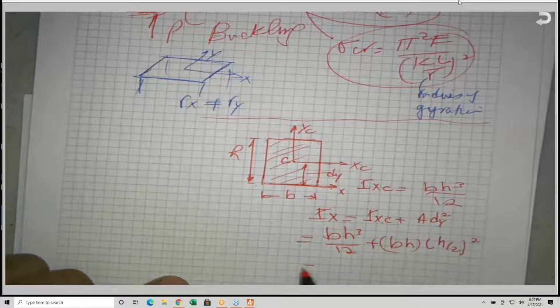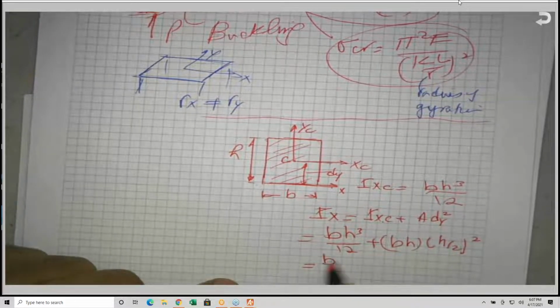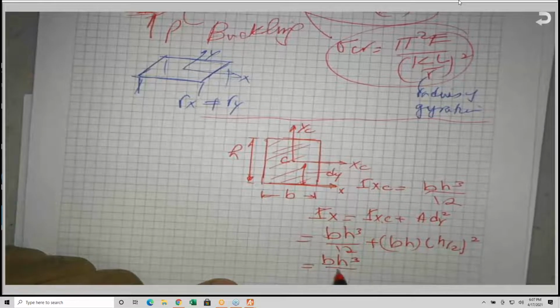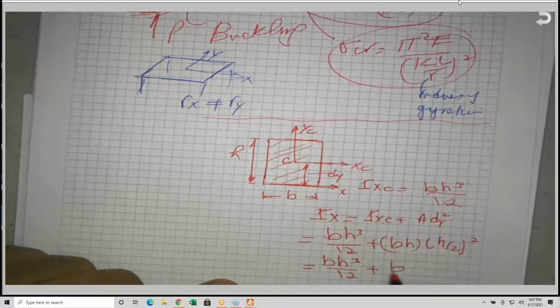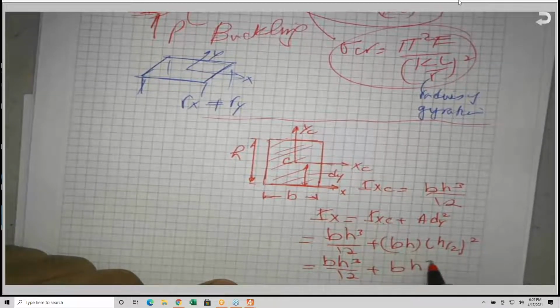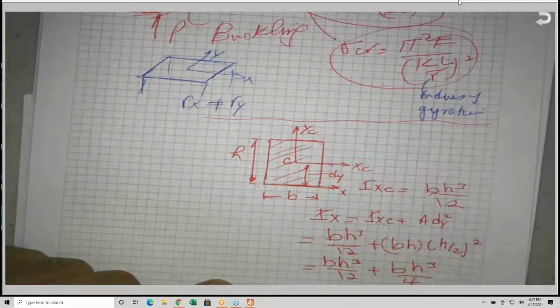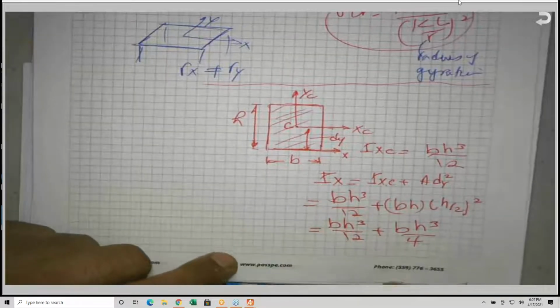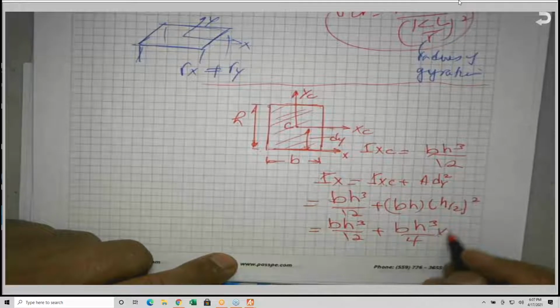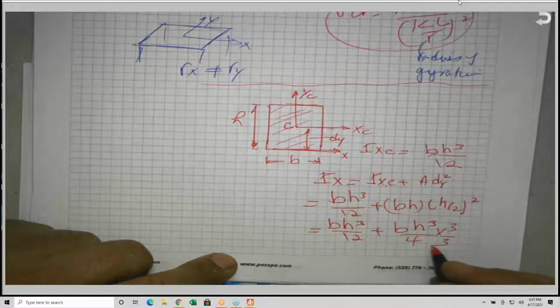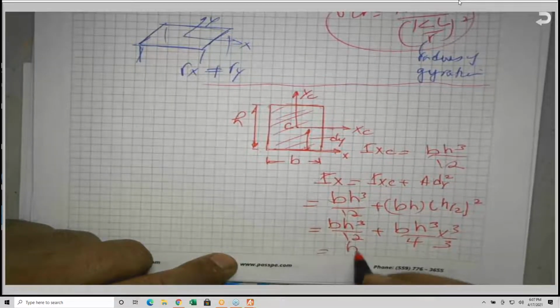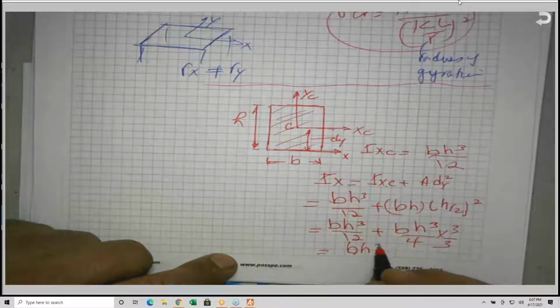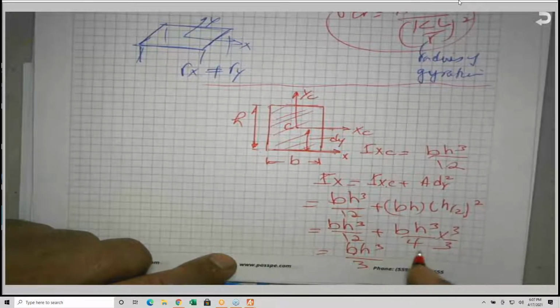If you simplify this expression, you will find this is BH cubed divided by 12 plus BH cubed divided by 4. You multiply here 3 and 3. So this will give you BH cubed divided by 3.